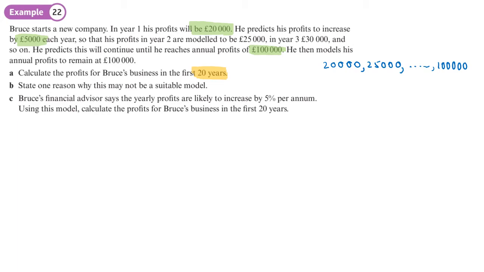So the first thing we need to do is to work out how many years it's going to take for his profits to reach £100,000. So we're actually going to be starting off with a sequence before we do the series and add the values together. This sequence has a first value a of 20,000. It has a value of d of 5,000. That's how much it's going up by.